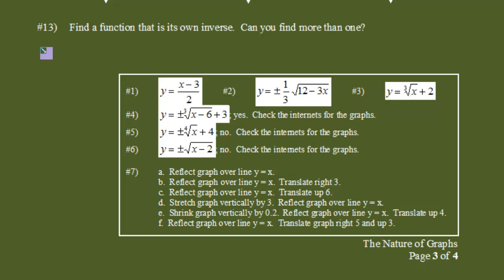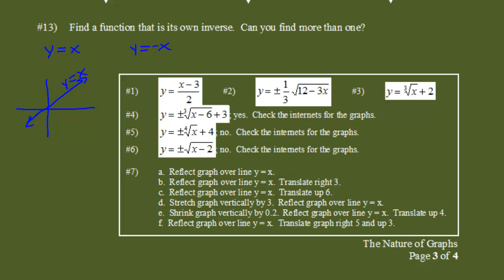Here are two obvious ones. Y equals x and y equals negative x. Y equals x is on the line of symmetry, the entire line. If you reflect it over itself, it ends up in the same spot.